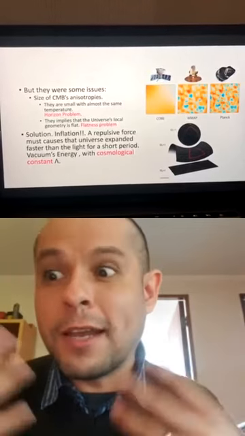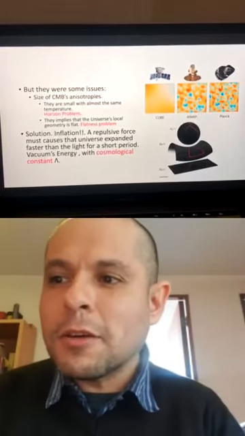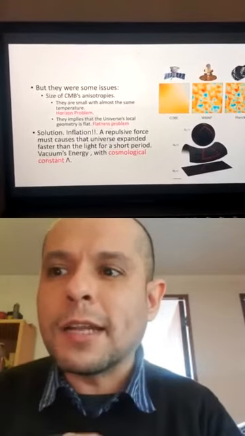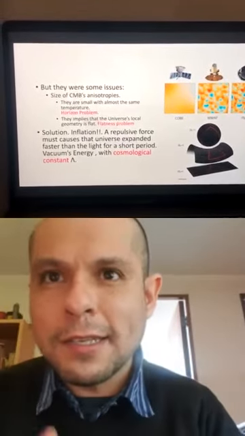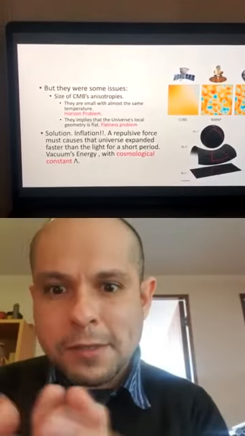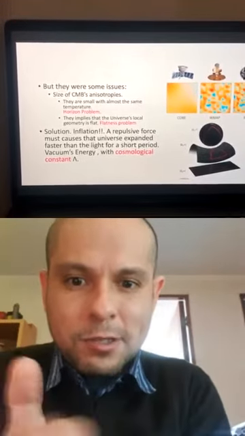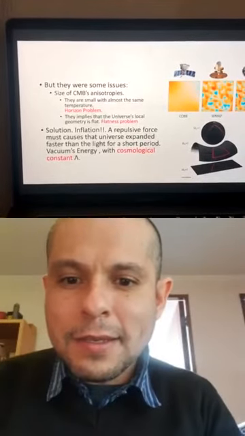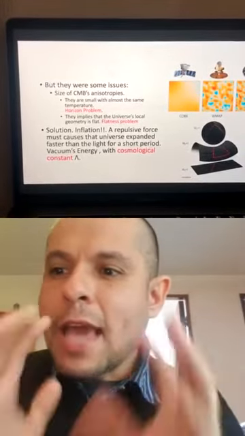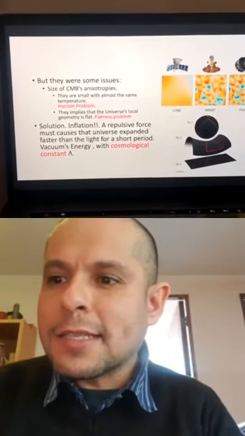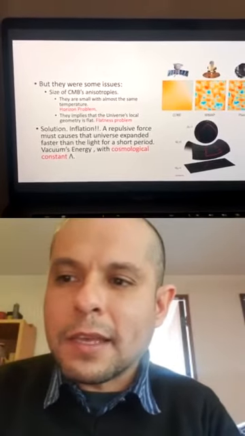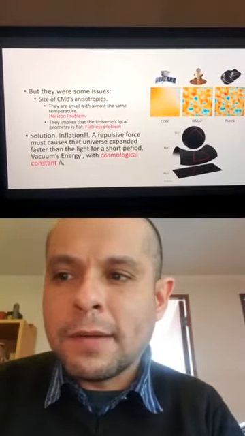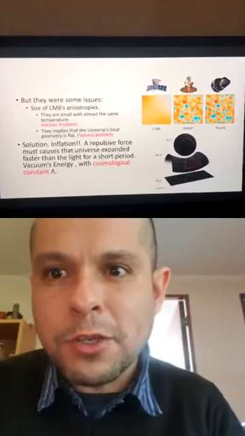So we had to find a solution. And the solution was, okay, let's allow that the universe at the beginning expanded faster than light. That's allowed because it's not something moving inside the universe. Actually, it's the space itself that is expanding. It happens that you can sort out these issues, and this is called inflation.